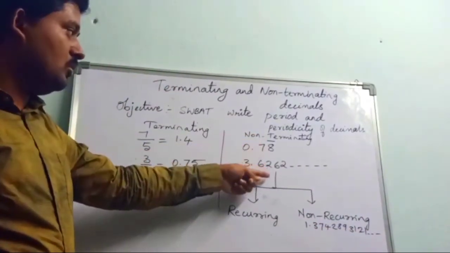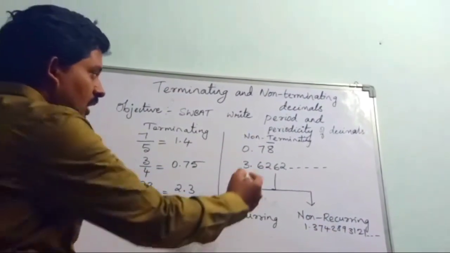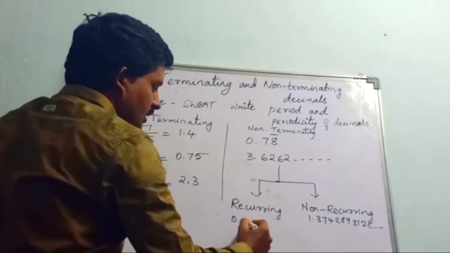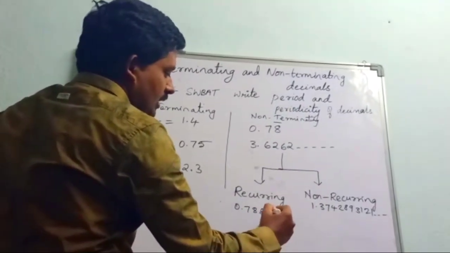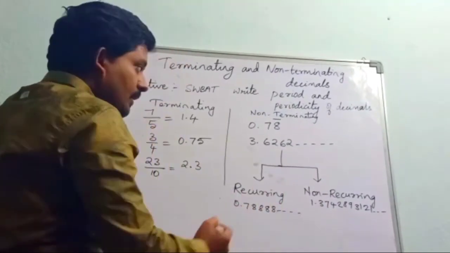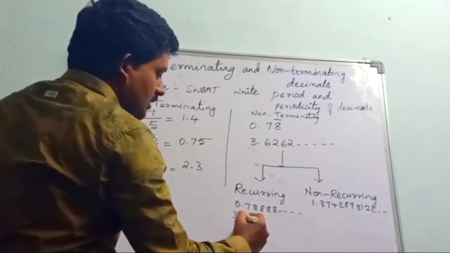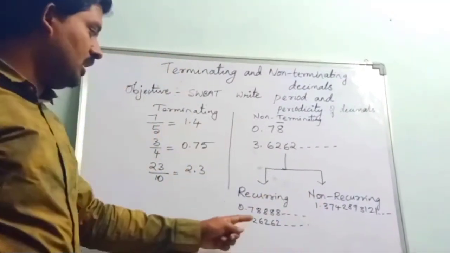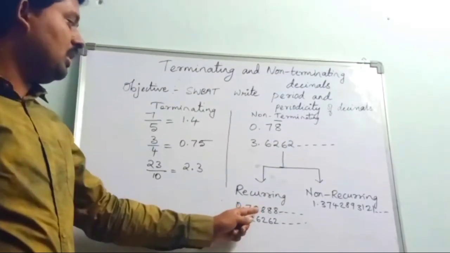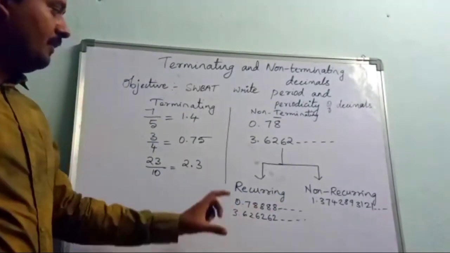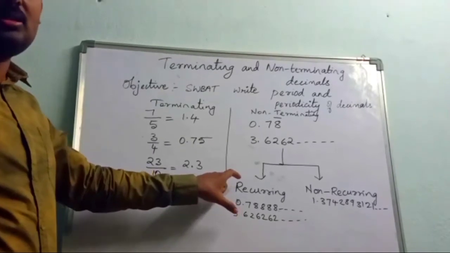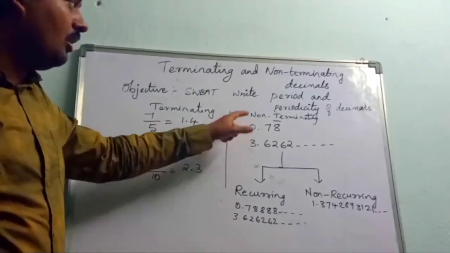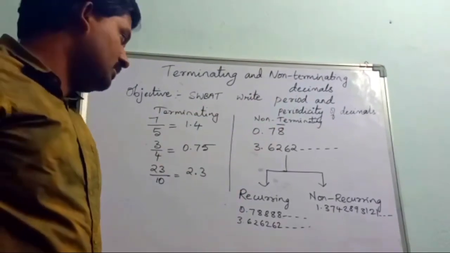But in these two, you have 0.788888, so on, and 3.626262, so on. That means here 62 is being repeated, here 8 is being repeated. For this case, we will only see recurring decimals, non-terminating recurring decimals.